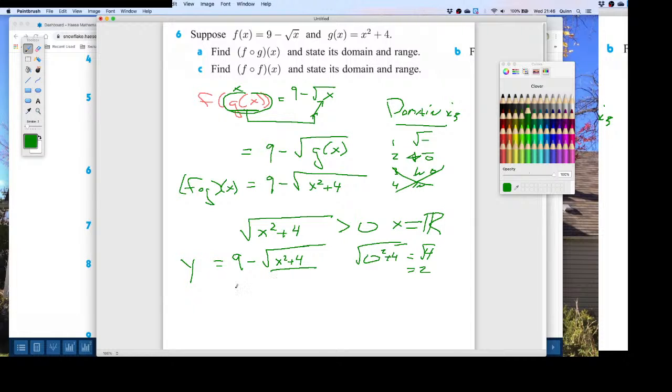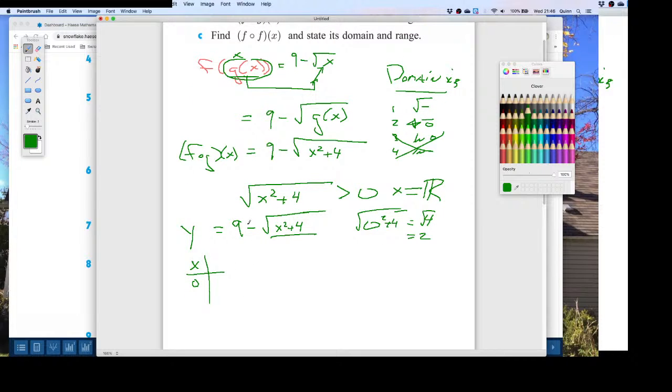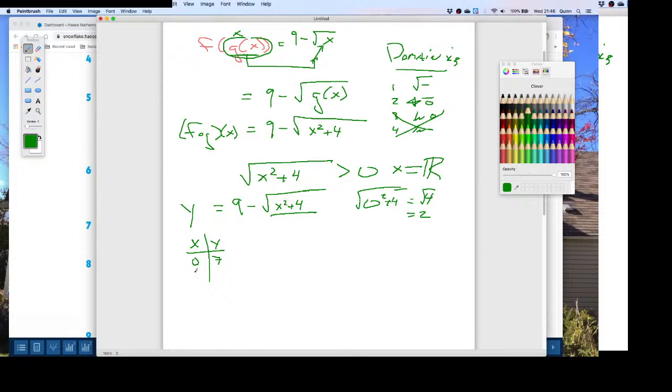So if x is equal to 0, our y will be 9 minus 2, which is 7. Now, if I put another x in there, it doesn't matter if it's negative or positive. So just for fun, let's put 3. Plus or minus, it doesn't matter because it's going to be squared.